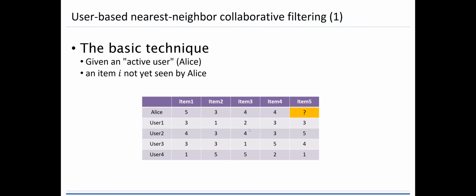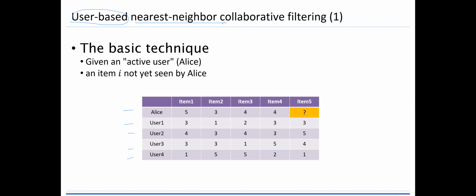So the basic idea of this collaborative filtering, we are going to learn one by one. The first part is the user-based approach, which is based on the user, and we call it the nearest neighbor. The nearest neighbor means I want to see the nearest user.